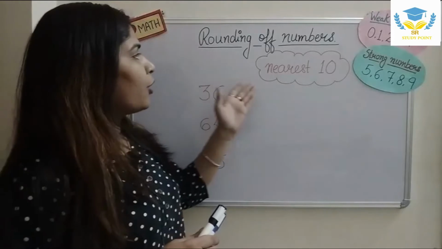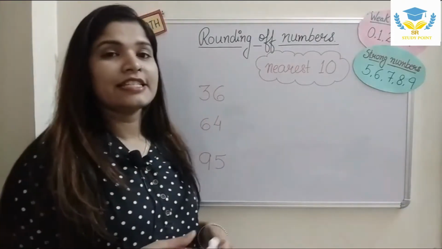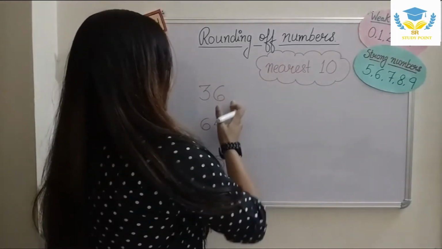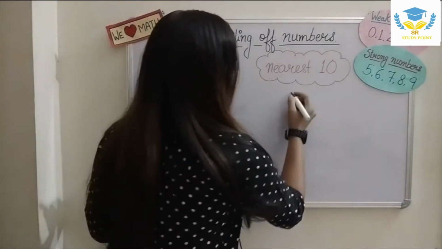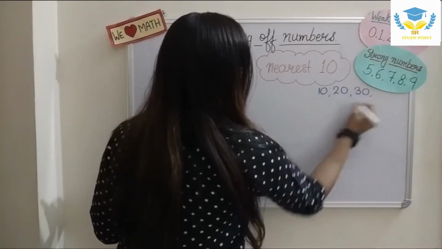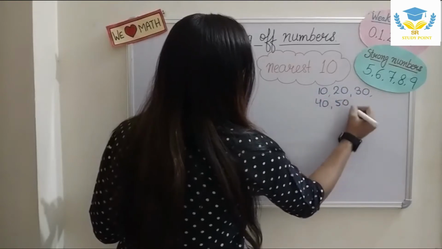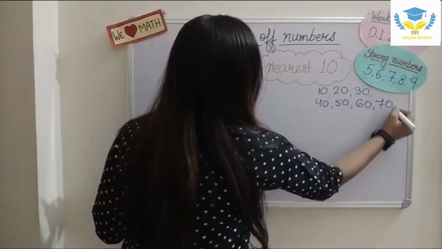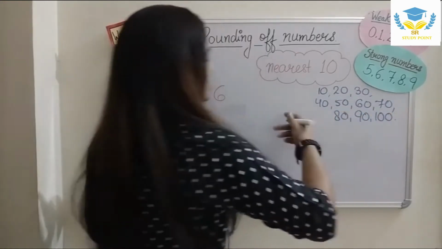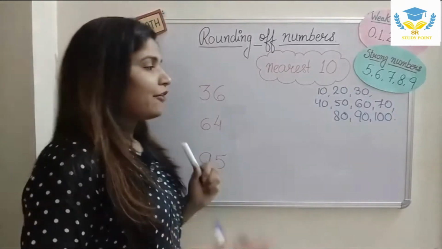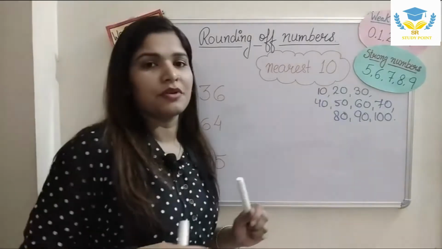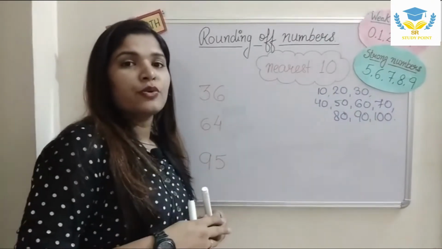As we are talking about the nearest 10, nearest 10 means we have to make the given numbers into multiples of 10, like 10, 20, 30, 40, 50, 60, 70, 80, 90 and 100. These are the multiples of 10 and we are going to convert the given numbers in terms of these numbers. So how are we going to do it? Let's see.